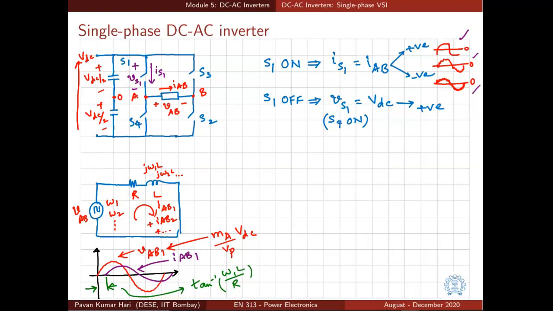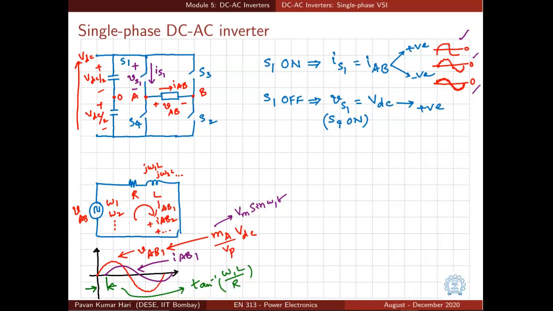And what is this omega 1? Omega 1 is the frequency of the modulating signal, MA. Omega 1 is the frequency of modulating signal. So this is Vm sin omega 1t, right? And MA is going to decide whether S1 is turned on or S4 is turned on.